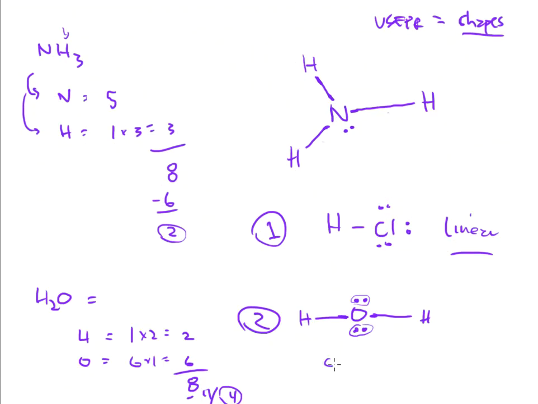Bent shape means that it's going to look like this. And I'm just going to clean that structure up, and I'm going to show that bent environment a little bit more exaggerated. So if you give me this structure up here on the top, you are correct. That is what it looks like. If you want to be more representative of it, though, then you would want to take that molecule and bend it down a little bit.